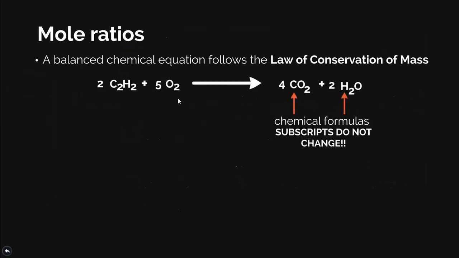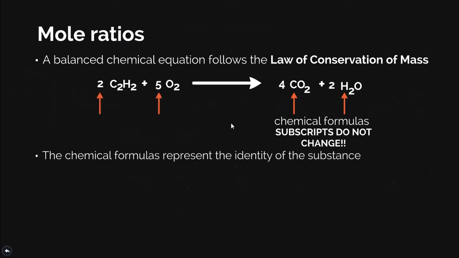So just a reminder, I want to make sure that everyone is clear on this one, is that in our chemical equations, we have the chemical formulas. These are the ones that tell us what type of substance we have. This is the identity of it. And the subscripts go along with that. We cannot change these subscripts that go behind each element. But what we can change is the coefficients that go in front of each type of substance.